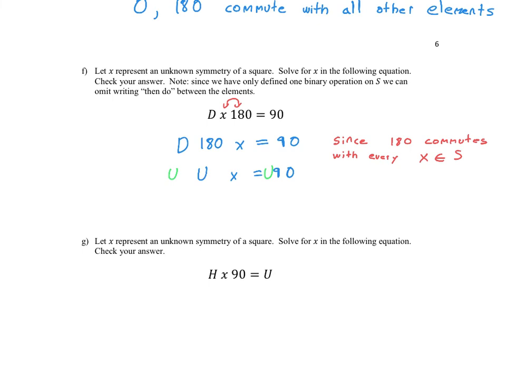We get the identity on the left-hand side, and we get u 90 on the right-hand side, and the beautiful thing is our identity just disappears, and we successfully isolated x as u 90, and when we perform u 90, we get h.